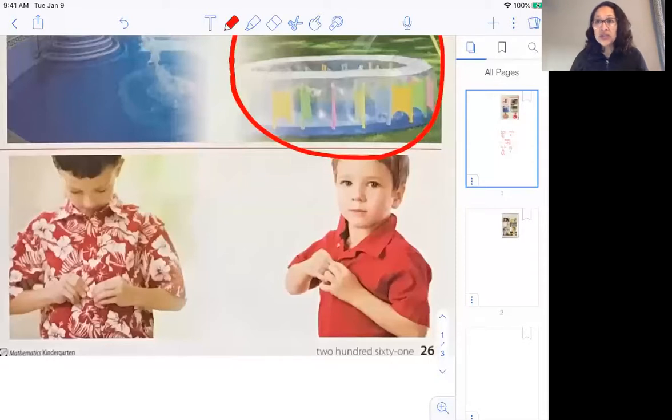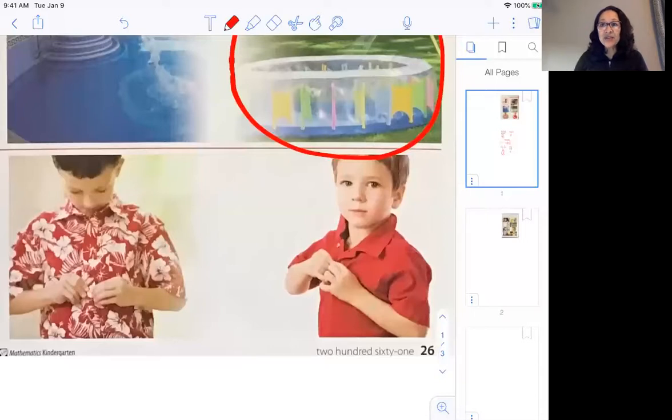Now, the question is, which one takes less time to button up? The one on the left, the little boy with the Hawaiian shirt, or the one that has the red polo shirt? What do you think? Did you choose the one with the red polo shirt? Check, check.